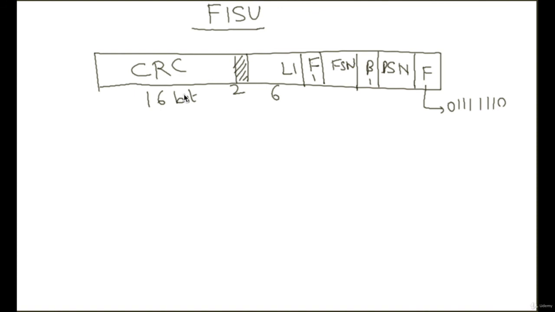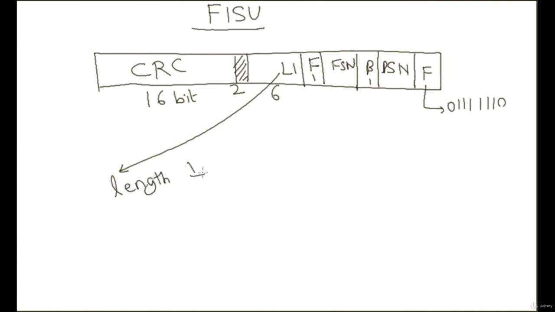So if you compare these 3 packets together, then you will find that the only way in which you can distinguish between these packets is based on the length information. Okay. Based on the length indicator.